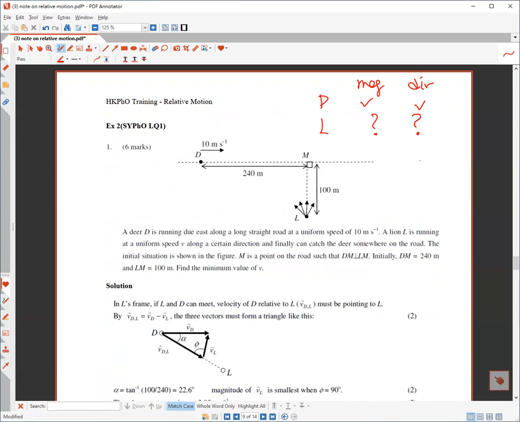We want to find the minimum velocity of the lion. We just want to solve this one.